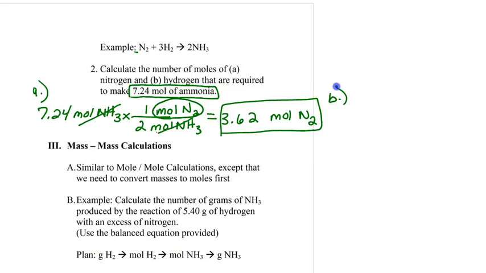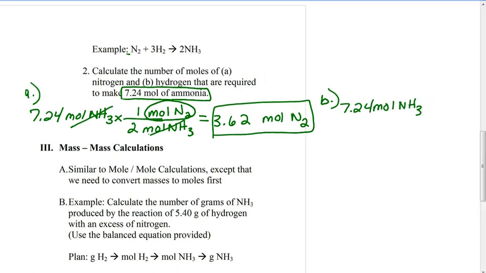For the second half, we want to know the amount of hydrogen. So that would be 7.24 moles of ammonia, again starting out with the same given. We're going to write out mole of ammonia on the bottom and mole of hydrogen on top. Hydrogen has 3, ammonia has 2.